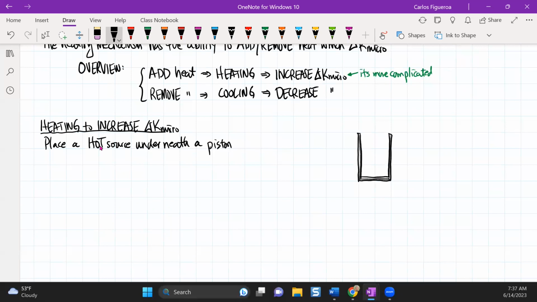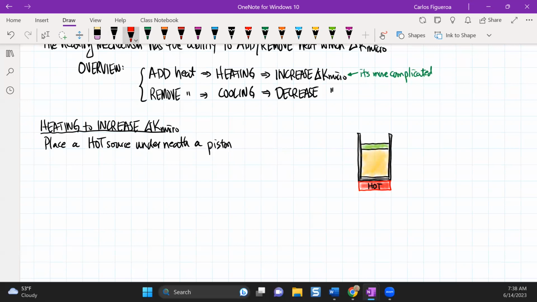I'm going to have my piston head, and the piston head contains a gas, or ideal gas. Now I want to put my heat source right here, my hot source. I know that this is, of course, hot.